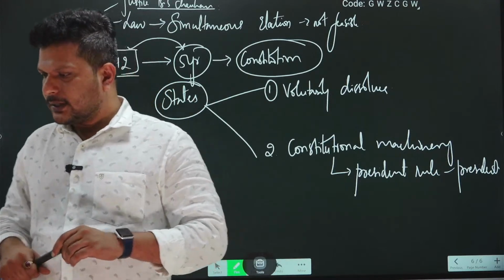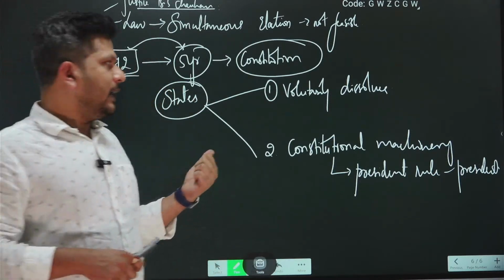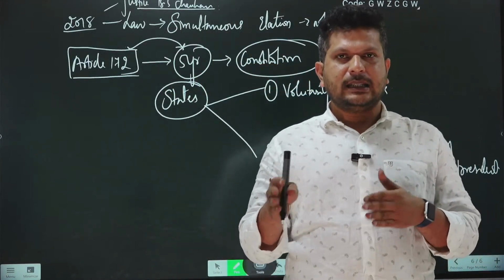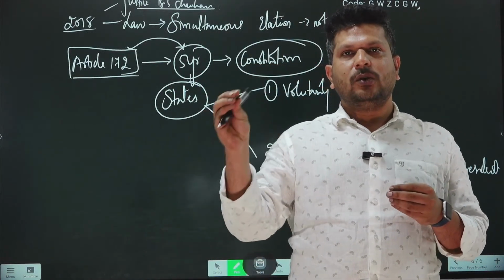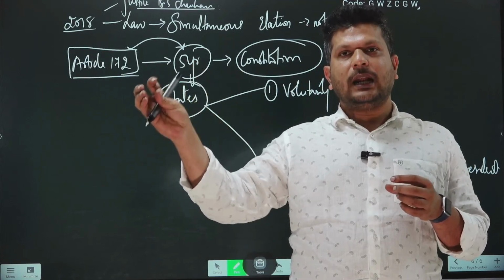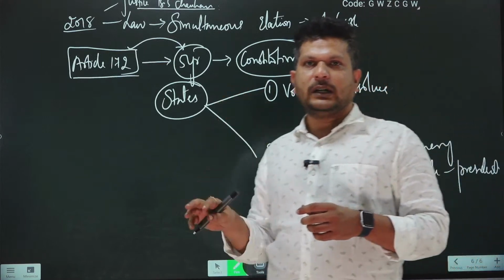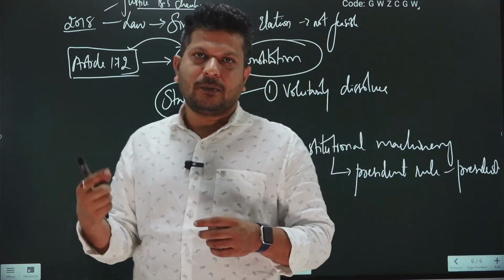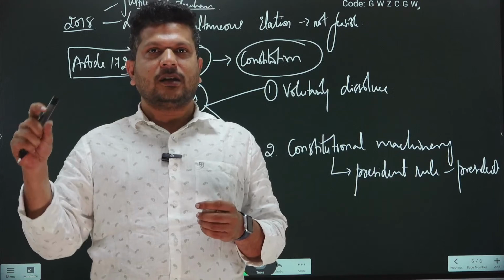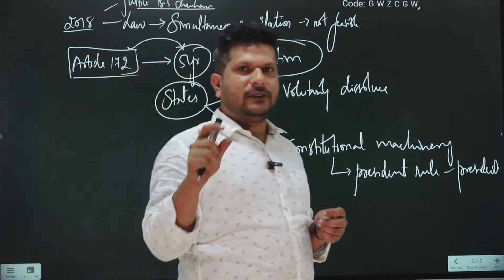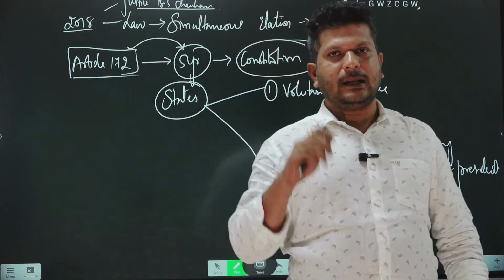So if we have to bring in simultaneous elections in this country, there are a few necessary constitutional amendments which have to be brought in. And if those amendments have to be brought in under Article 368 subclause 2, which are also commonly called entrenched provisions, then automatically ratification of states is necessary.